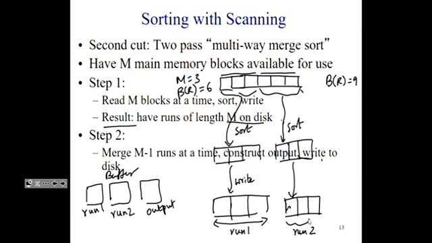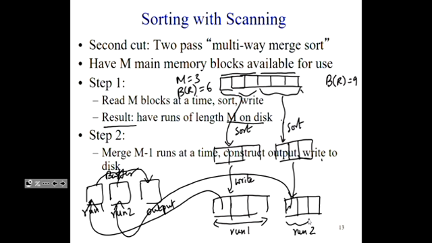I'm going to grab the first block in sequence from run 1, the first block in sequence from run 2, perform a merge, much like a merge sort, and then write the results to the output, and then this output is written out to disk.